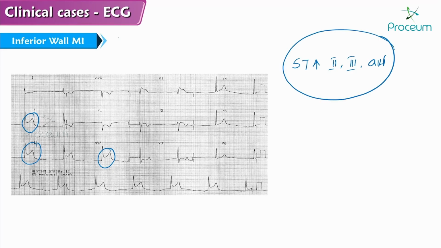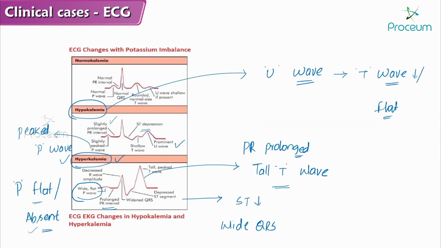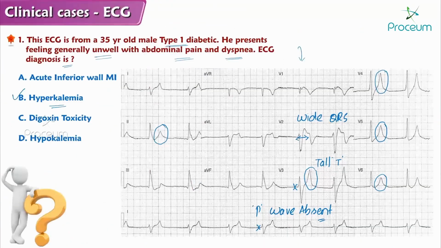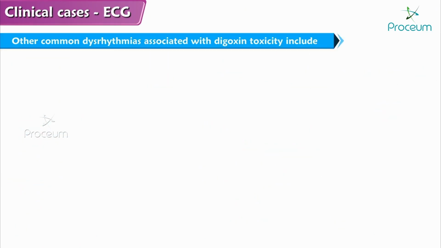That is what you will have in patients with inferior wall MI. One more option in our question was digoxin toxicity. In case of digoxin toxicity, the ECG changes will be in the form of ventricular bigeminy.